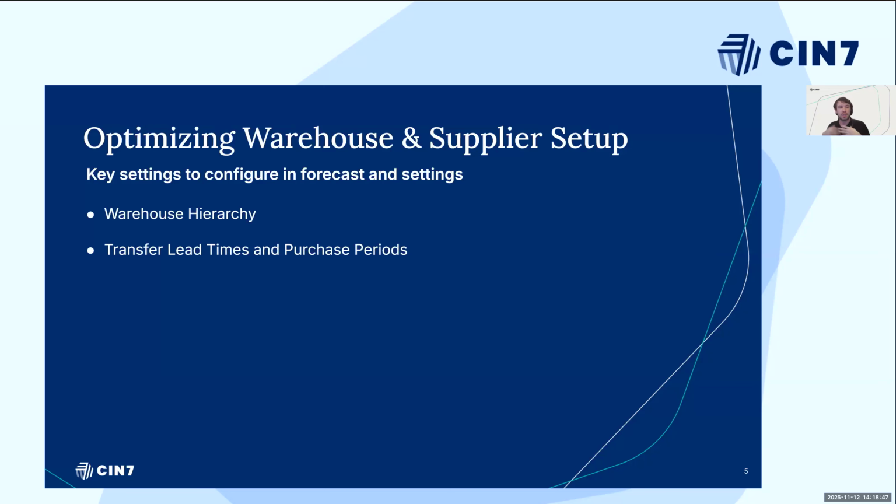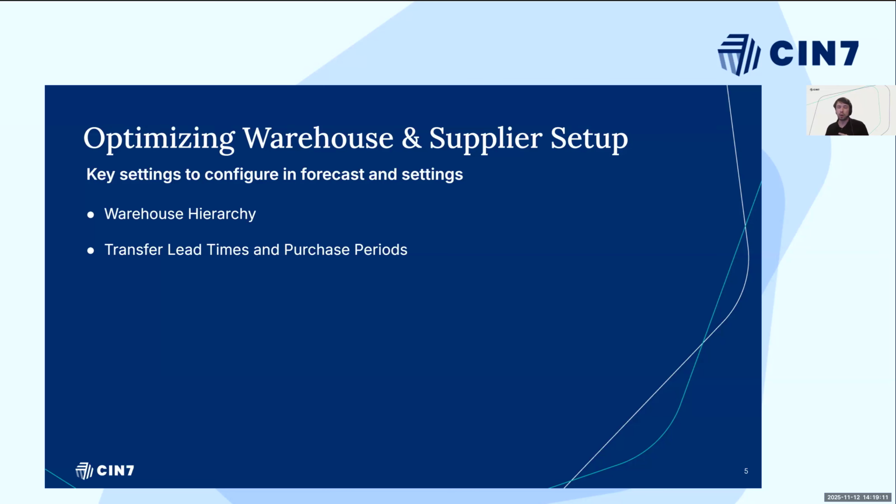You can also think about the purchase period, which is going to be the frequency of transfer orders being placed. So how often are we placing these transfer orders? If it's a warehouse that is halfway across the world, maybe we're not placing transfers every 7 days. Maybe we're doing transfers every 90 or 180 days or whatever the case may be there.